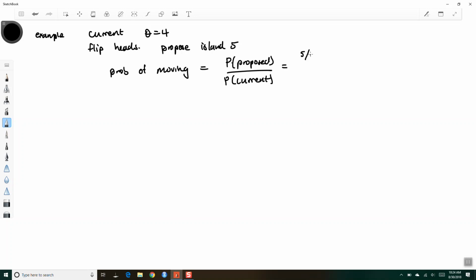So we have 5 over 28 divided by 4 over 28, 5/4. So this is greater than 1. So we move with probability 1.